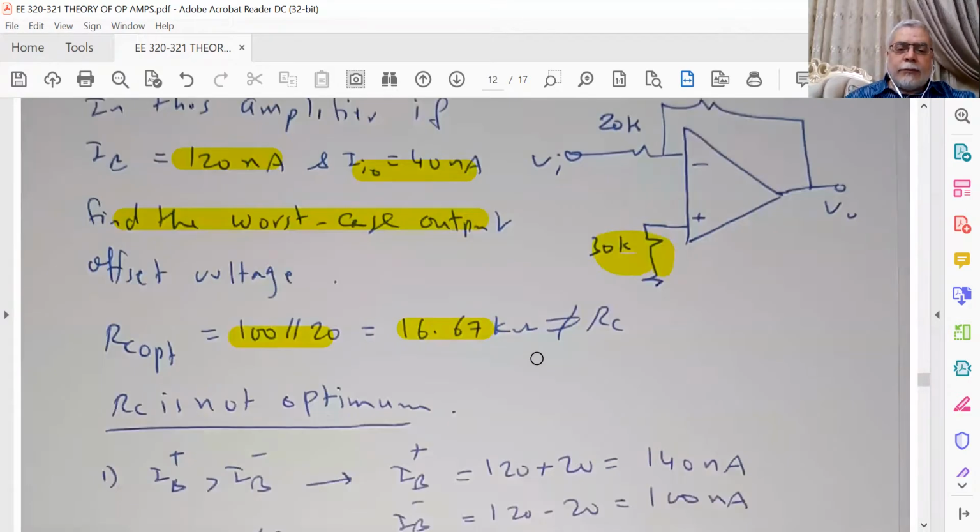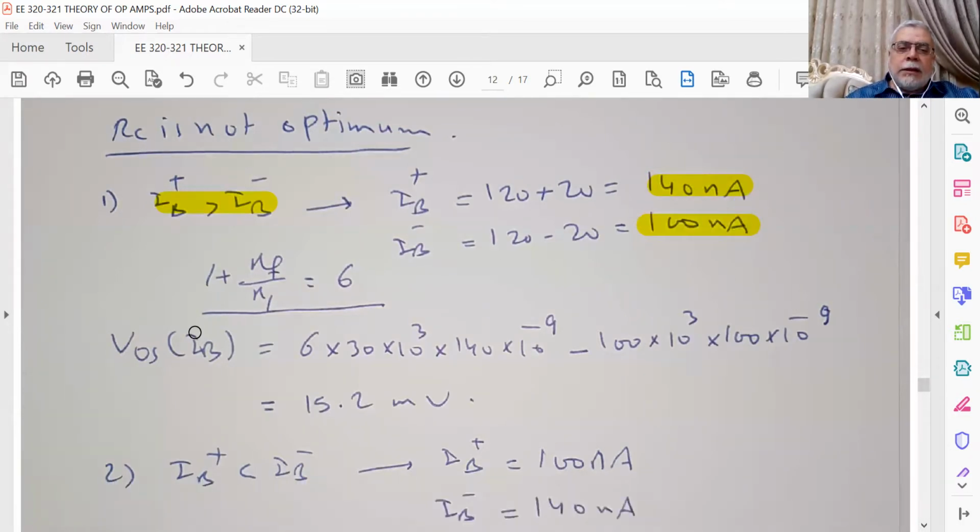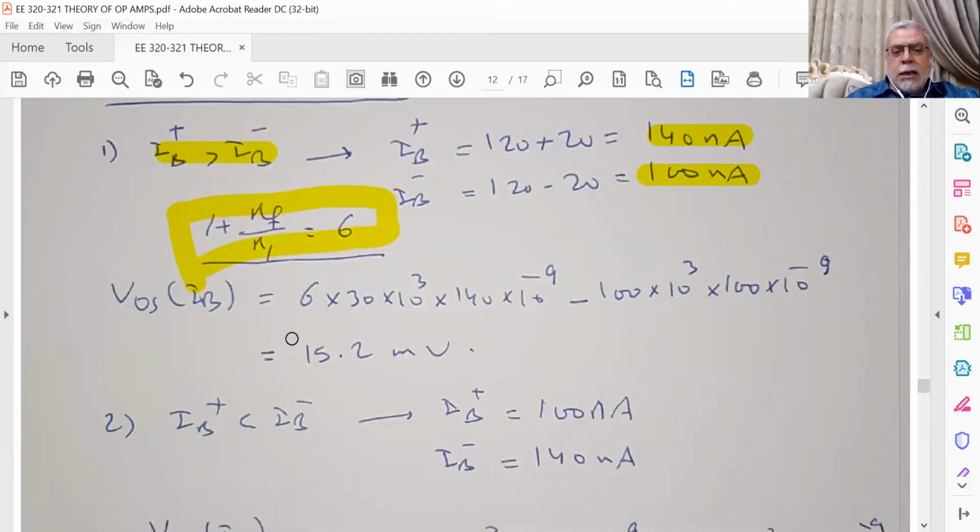Now in this case, we have to use the general form of calculation, and we have to take the cases of IB plus greater than IB minus and vice versa. So if IB plus is greater than IB minus, IB plus will be 140 nanoampere and IB minus will be 100 nanoampere. And the gain 1 plus RF divided by R1 equal to 6.